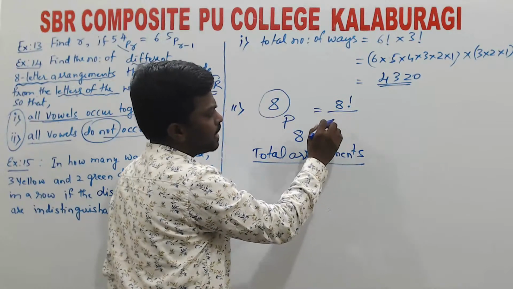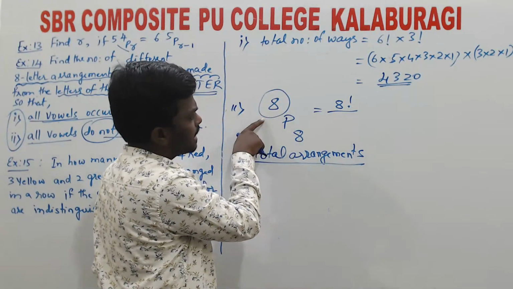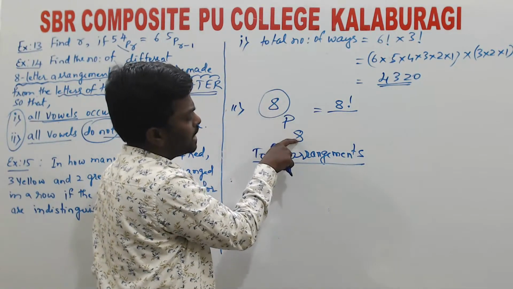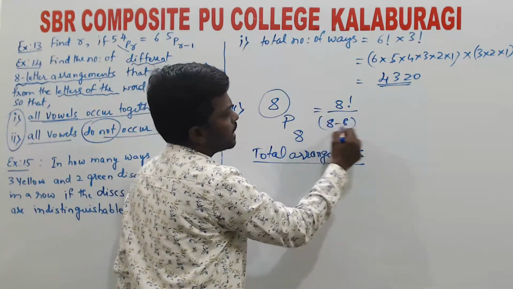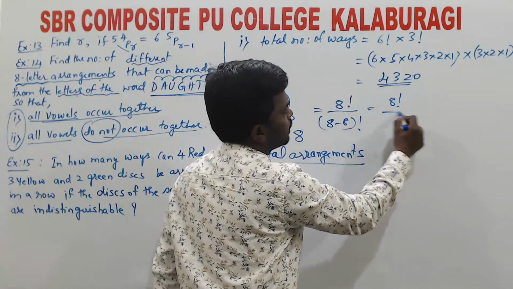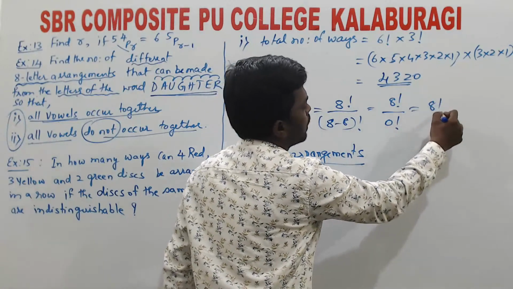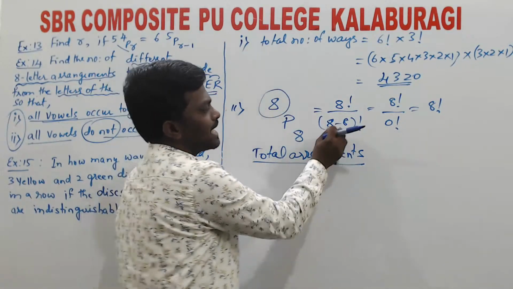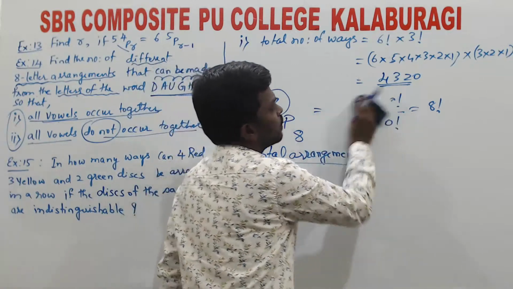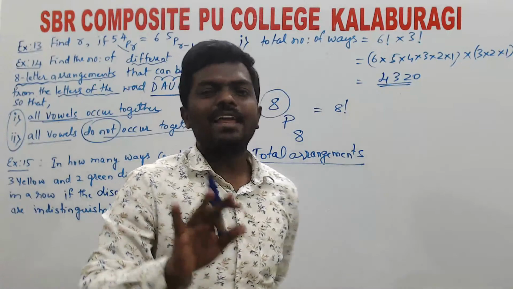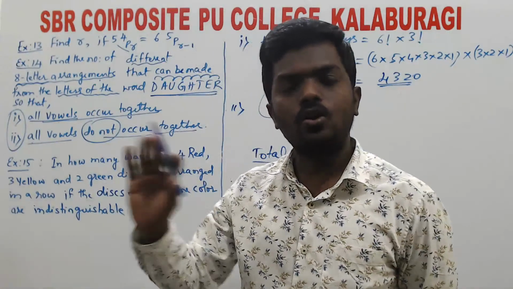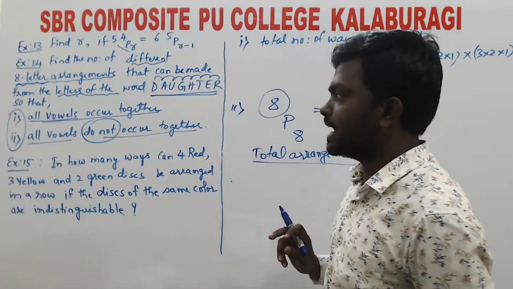We have seen it in the special cases derivation. nPr is n factorial by (n minus r) factorial, so 8 factorial by (8 minus 8) factorial, which is 8 factorial by 0 factorial, equal to 8 factorial. So they can be arranged in 8 factorial ways, without any condition.